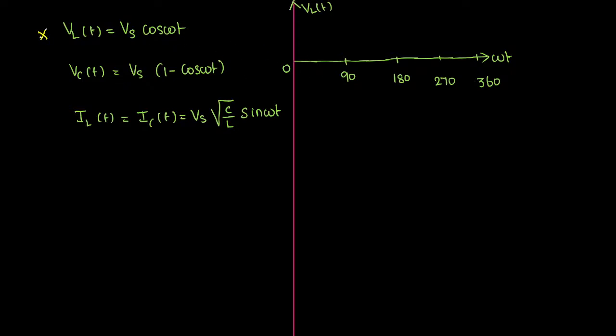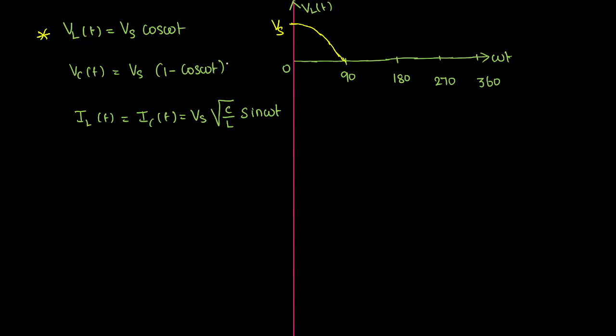Only focus on the inductor expression. Omega t equal to 0, cos 0 will be 1, so 1 into Vs will be Vs. So at the starting point, the voltage will be equal to the supply voltage. At omega t equal to 90, it will be 0. So this waveform will be slowly decreasing to 0 at omega t equal to 90 degree.